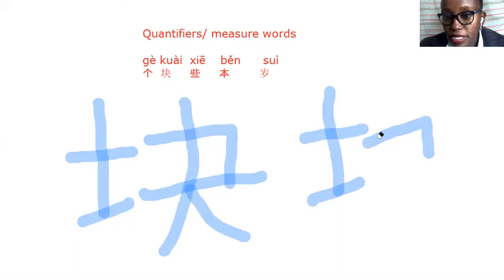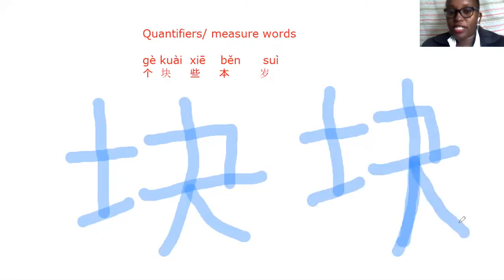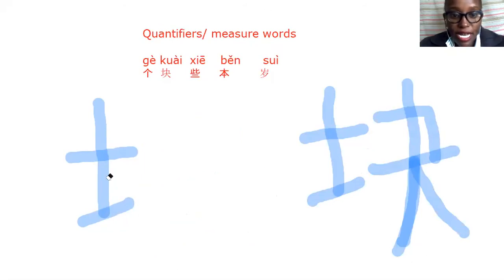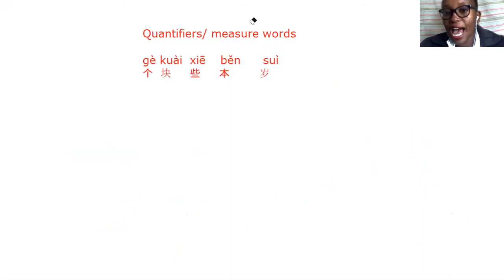Take my eraser. Okay, so 4, 5, 6, and 6. Sorry, then 7. So 一块蛋糕, a piece. Then I'm going to erase, and then we will do 些, 这些, 那些, 些.